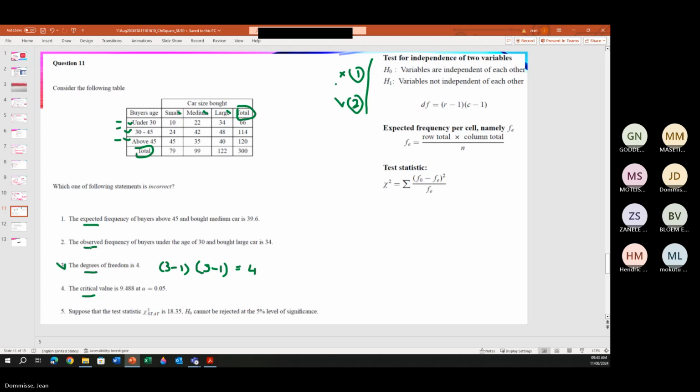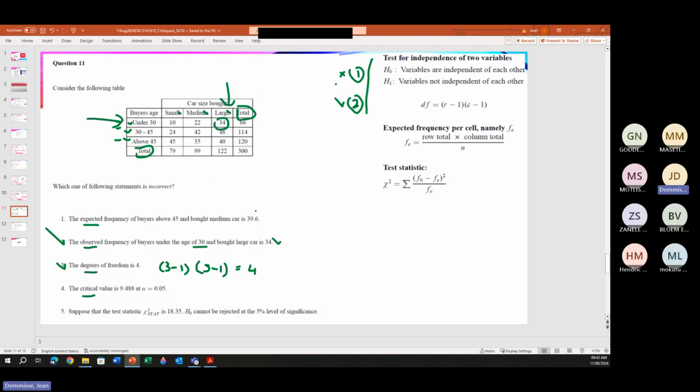Observed value is the one that we read off the table. So let's see, observed frequency of buyers under the age of 30. Okay, so it's that one, and a large car. So it should be 34. See the resemblance nearly to what we did in study unit 4 with probabilities.